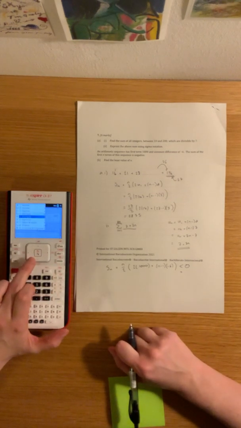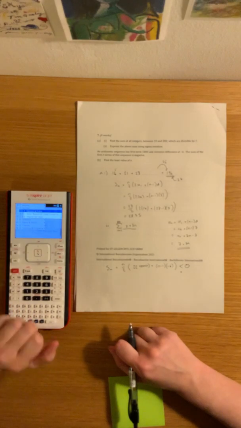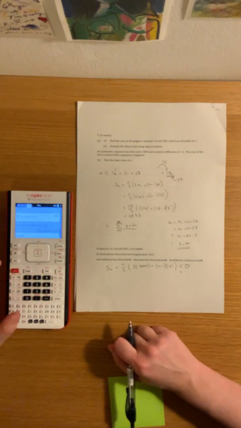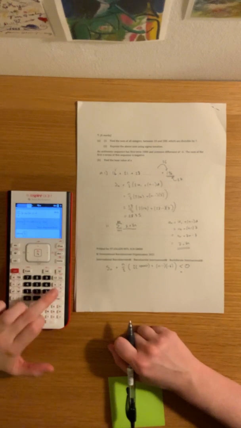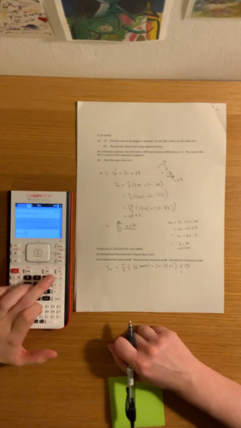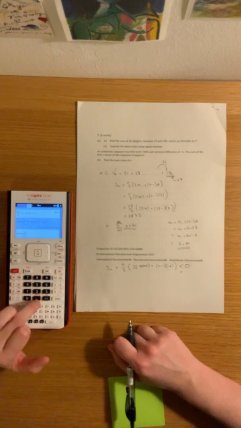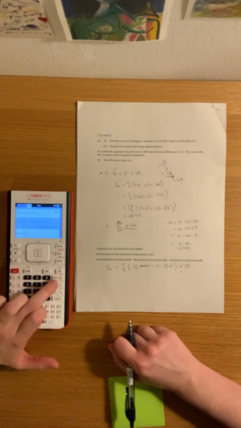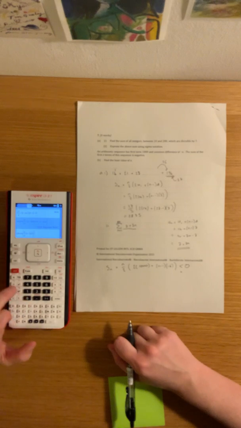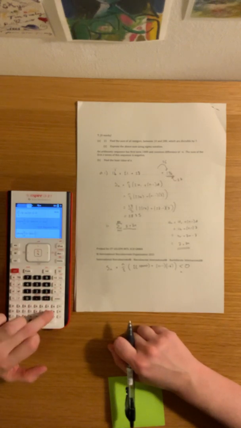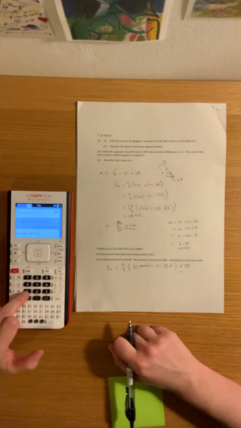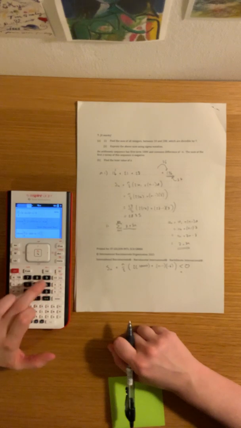Let me try again. Right, algebra, numerical solve. My apologies. N divided by 2. Open brackets, 2 times 1,000 plus n minus 1 times minus 6.